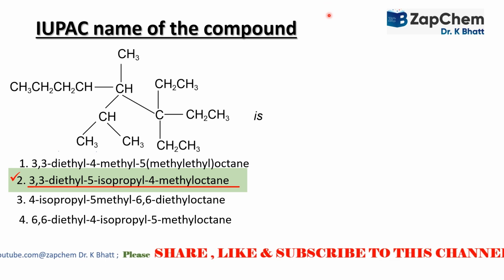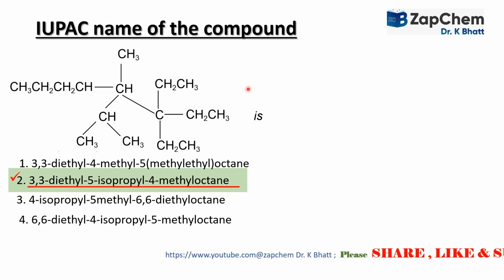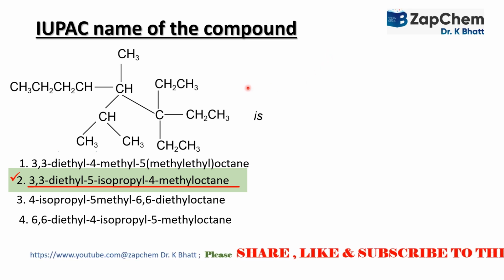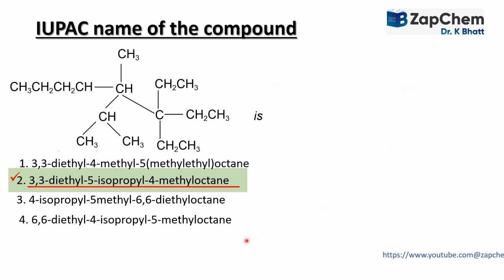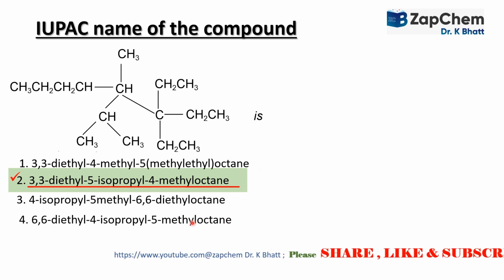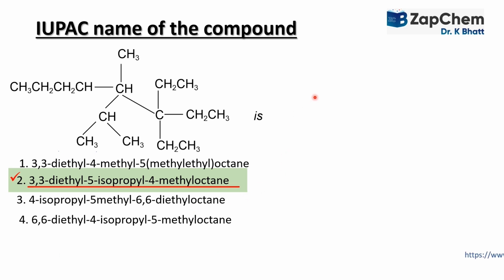So that way we can make out structures that appear to be complicated, of course, not at all complicated, easy by writing them properly and taking care about the options given over here. And even if the options are not there, we can make it out in the way I have explained.